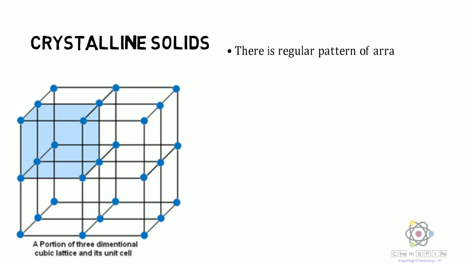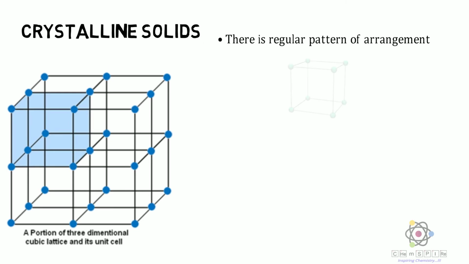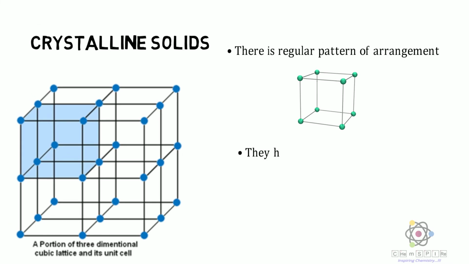There is a regular pattern of arrangement of particles which repeats itself periodically in crystalline solids. As you can see in the image, all the particles are situated at the corners of the block, and this arrangement repeats periodically in the whole crystal. So there is a regular pattern of arrangement in these crystalline solids.